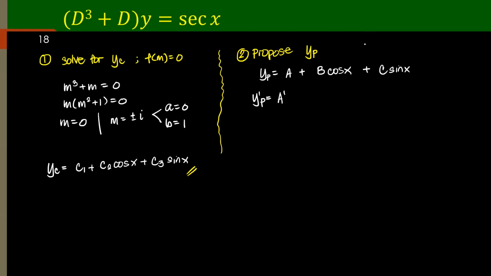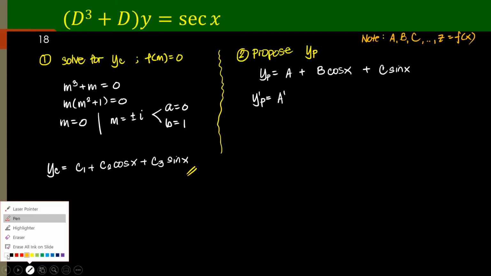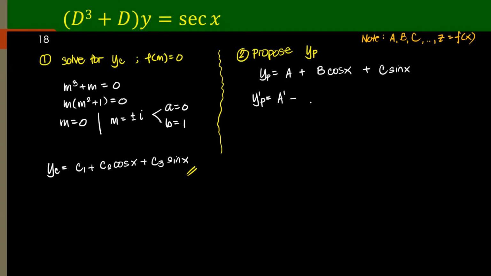A prime. Take note that your A, B, capital C are functions of x. Therefore, that's a function of x. A prime, plus b prime cos x minus b sine of x, c prime sine of x plus c cos of x.